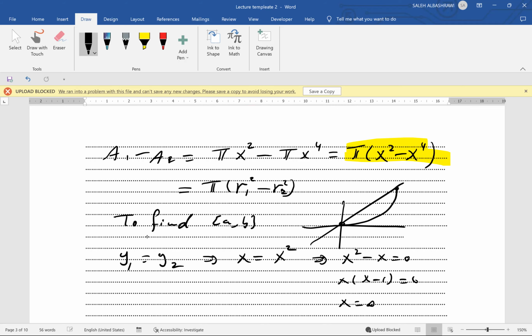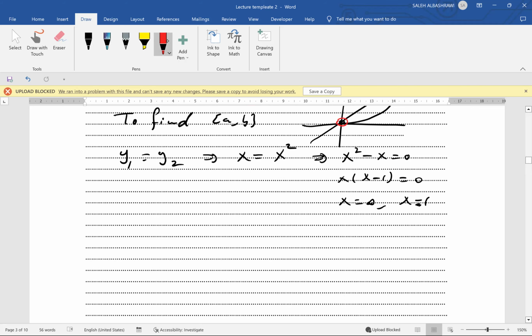So either x equal to 0 or x equal to 1. Again, the intersection point means y1 equal to y2. So we have a quadratic equation, and we solve it to find the solution. This will be A and B.